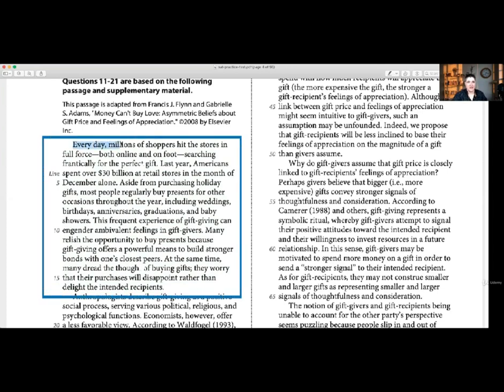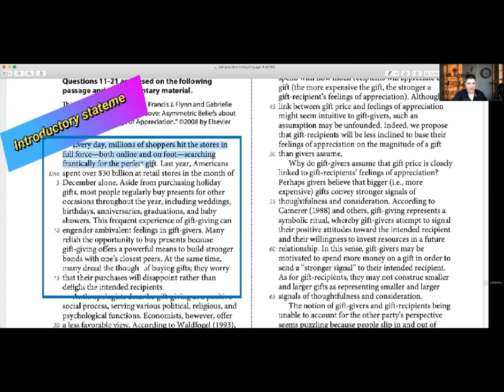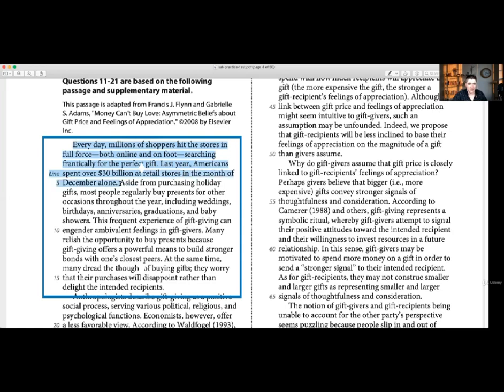Every day, millions of shoppers hit the stores in full force, both online and on foot, searching frantically for the perfect gift. Okay, so we have just a fact here. Last year, okay, here is another fact, a statistic. Last year, Americans spent over $30 billion at retail stores in the month of December alone.